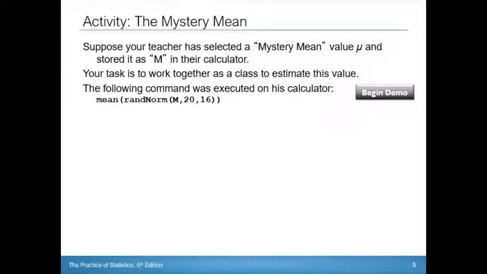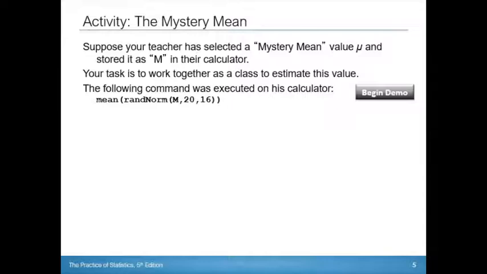It randomly generates data from a normal distribution with a given mean, the unknown M, and 20 is the standard deviation from the population, and 16 is how many samples we would generate. And then the mean function out in front calculates the mean of that and gives us the mean of the sample, or the X bar.